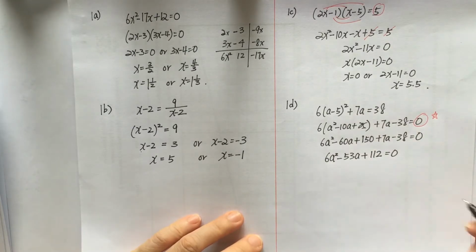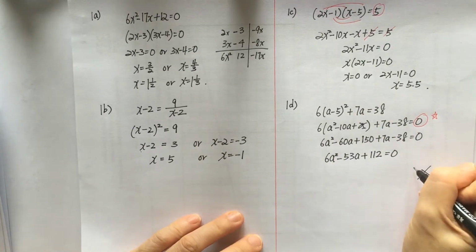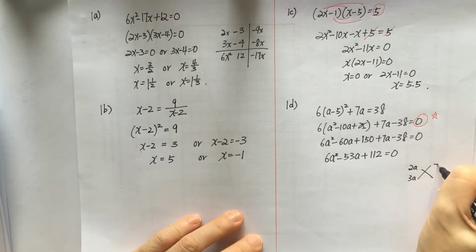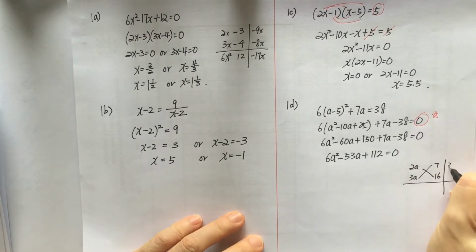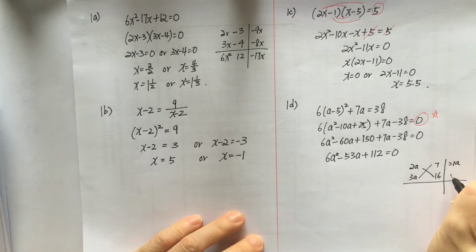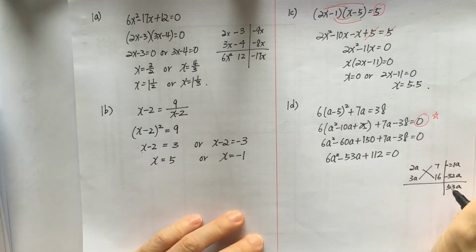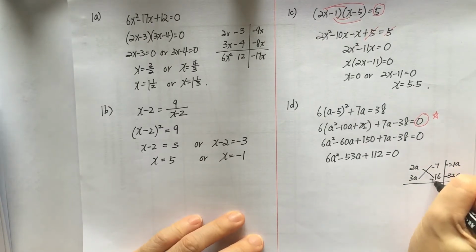Okay, this one obviously we have to do the cross method. So 2a, 3a, 7 and 16. So you have 21a and 32a, so together is 53a. So I need the a to be negative, so these are all negative.